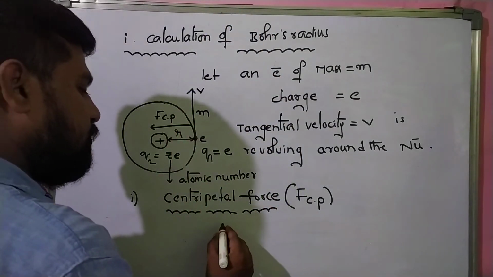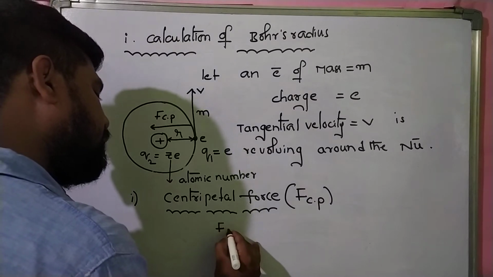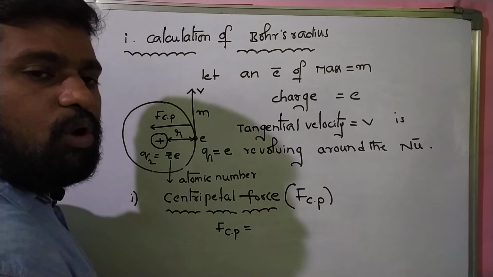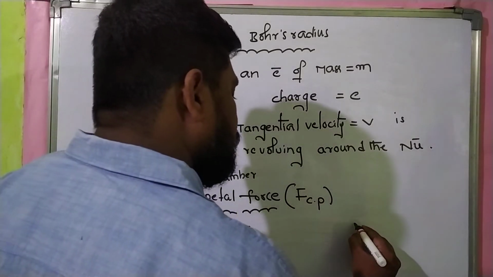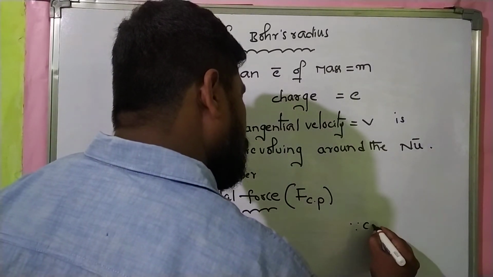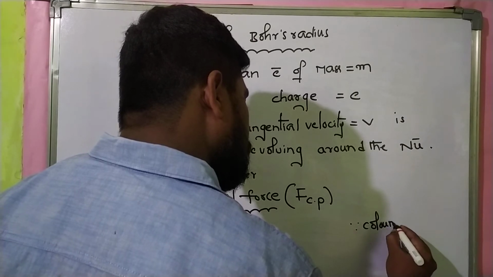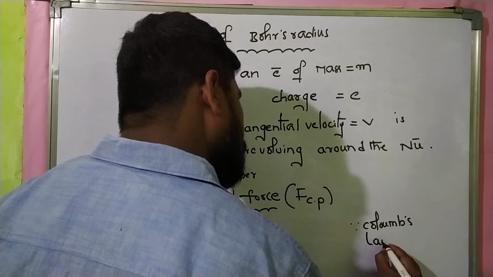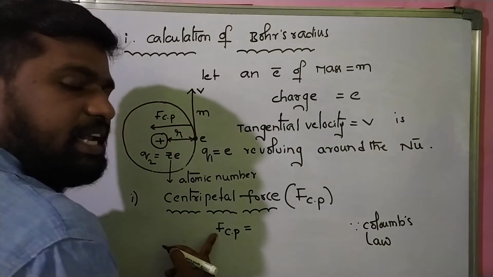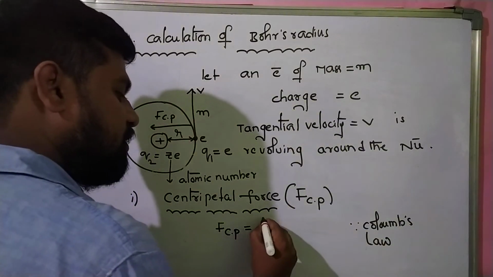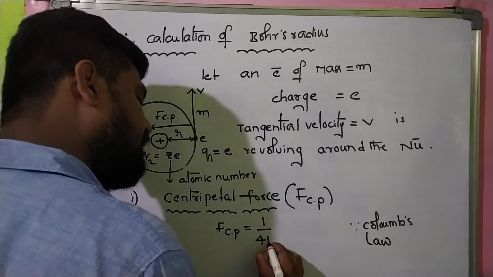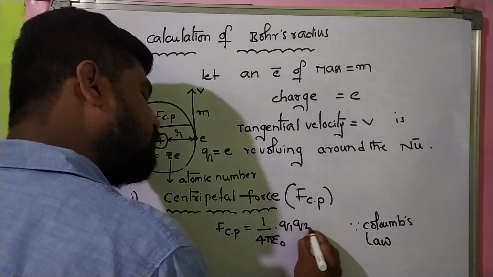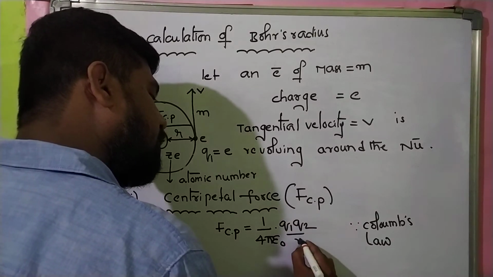Now centripetal force FCP equals, according to Coulomb's law, 1 by 4 pi epsilon naught into Q1 into Q2 by R square.